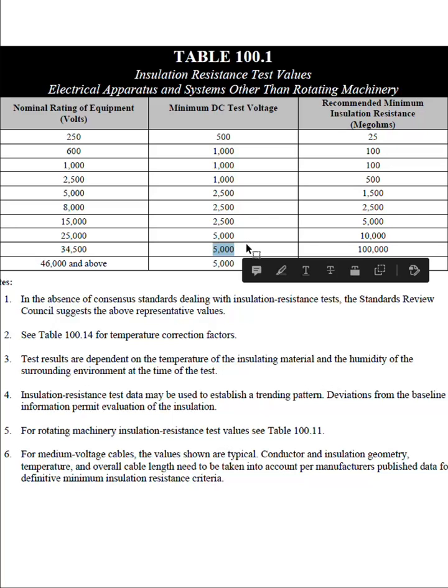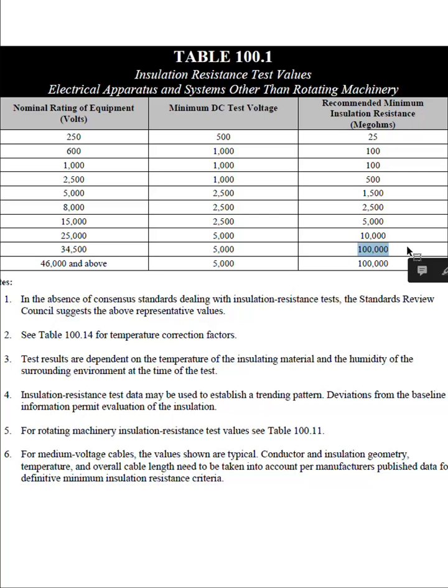It's actually 20.2. So that's the phase to ground voltage of that cable. So you could probably get away with 10 kV or even a 20 kV test if you really wanted to. But regardless of which voltage you use, it's 100,000 megohms or 100 gigohms is your expected result.